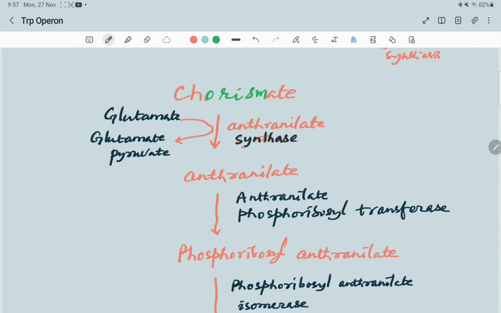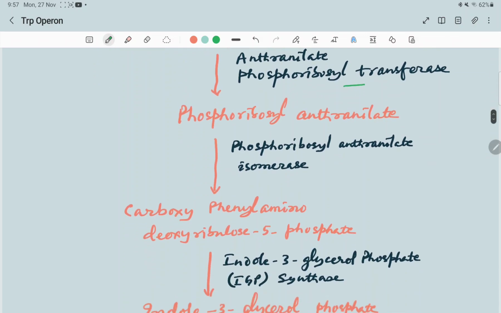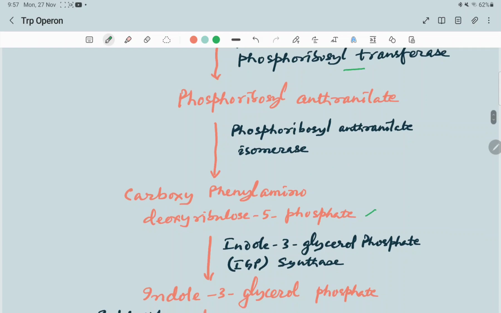Then anthranilate is converted to phosphoribosyl anthranilate, in presence of anthranilate phosphoribosyl transferase. Then phosphoribosyl anthranilate is converted to CDRP, carboxyphenylamino deoxyribulose 5-phosphate, in presence of phosphoribosyl anthranilate isomerase.